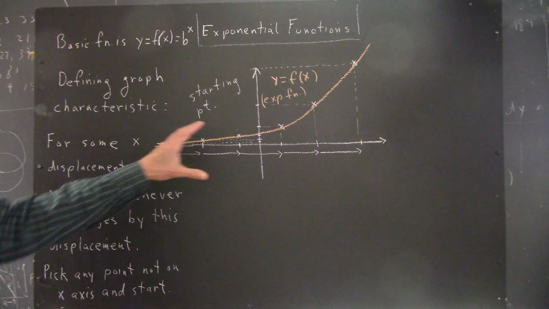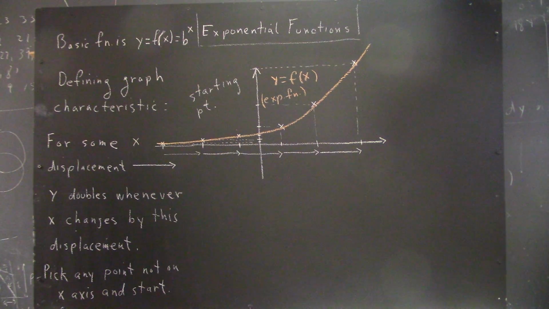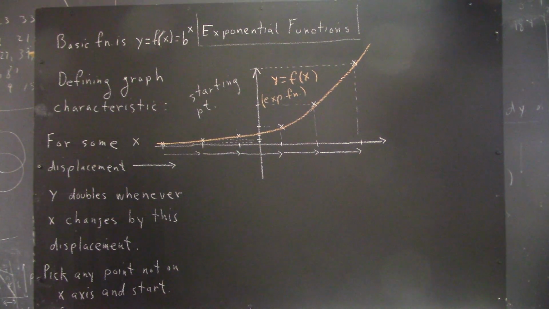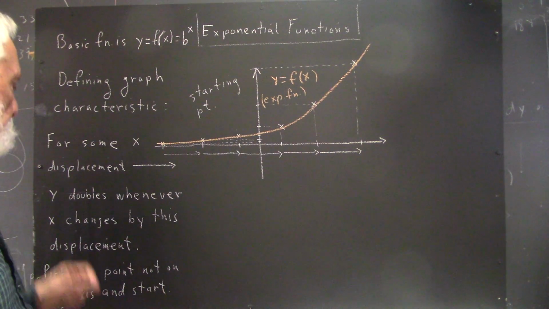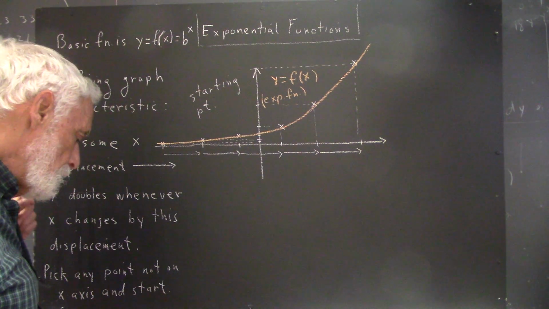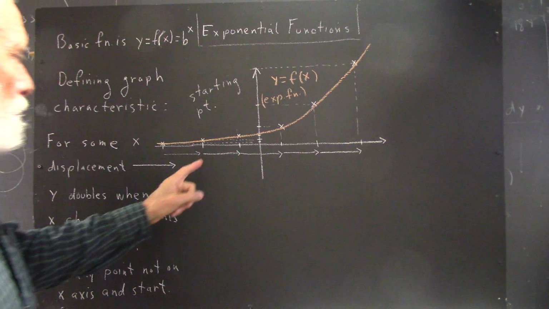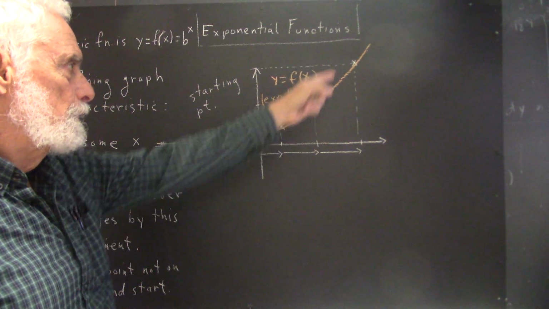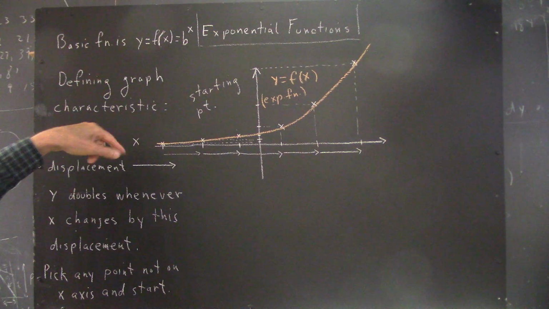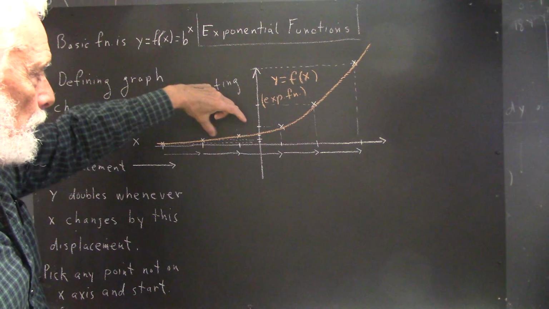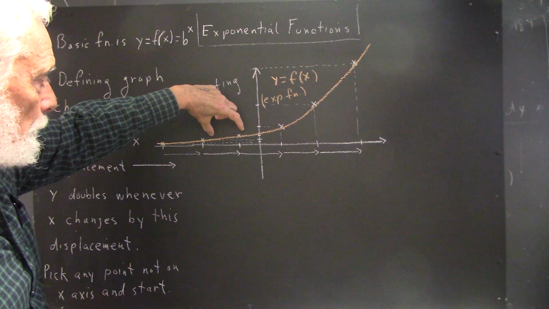Now we're going to go on with this and think about a couple more things, one of them being we could have started at any point and done this. And the defining characteristic of the function says that once we've sketched this graph, then if we start at any other point of the graph, again, we have to double if we go through the same x displacement.